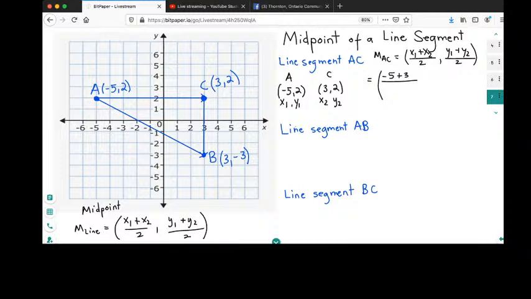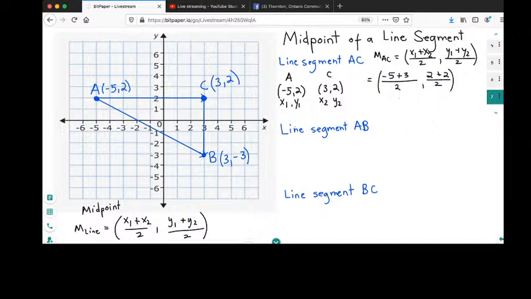Whatever the number is, you have to plug it in with the value that it has. So if the value of x2 were negative, I would have had to plug it in as negative, and it would have been plus negative whatever the number is. So that's important to remember. And then for the y's, we've got y1 plus y2, so that's 2 plus 2 divided by 2.